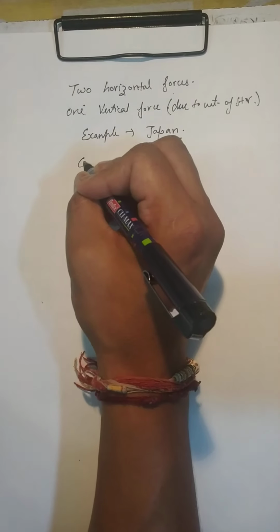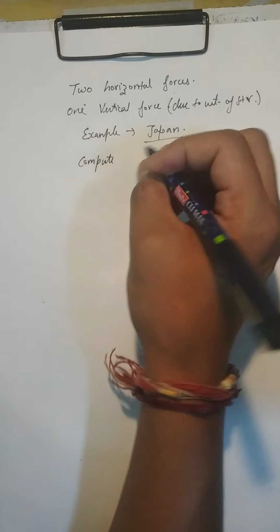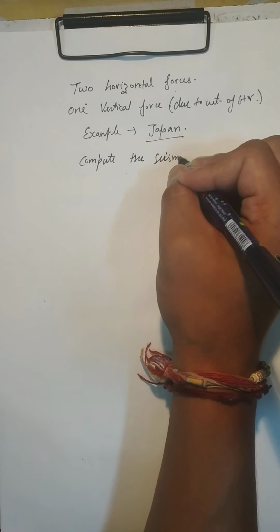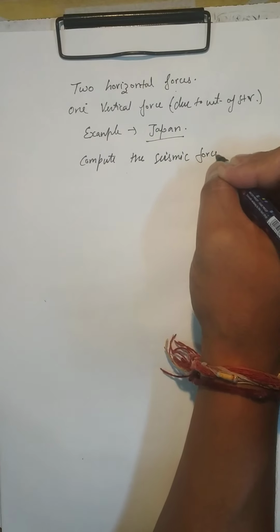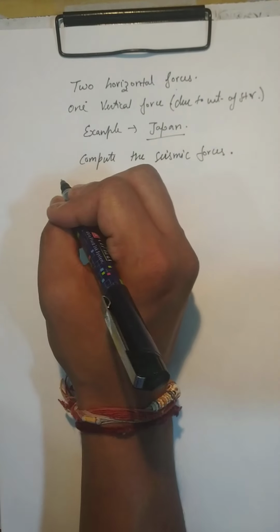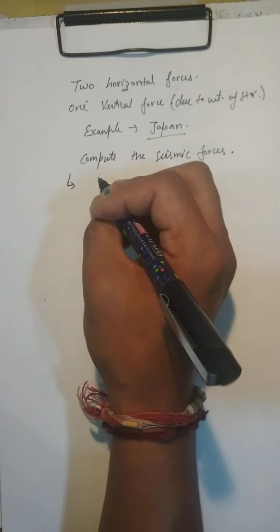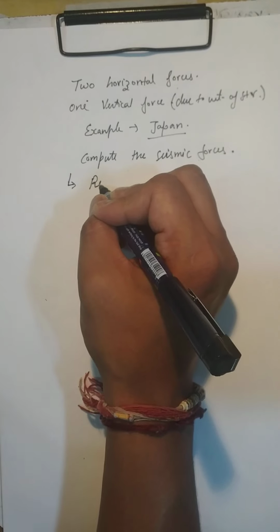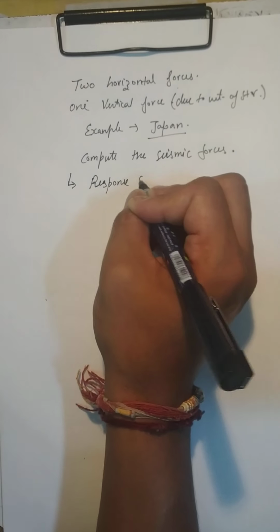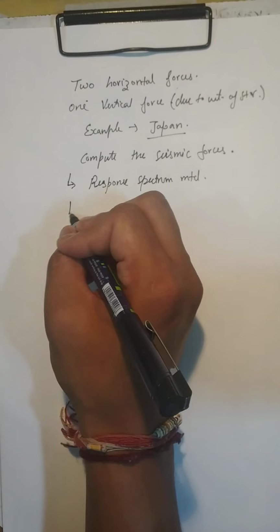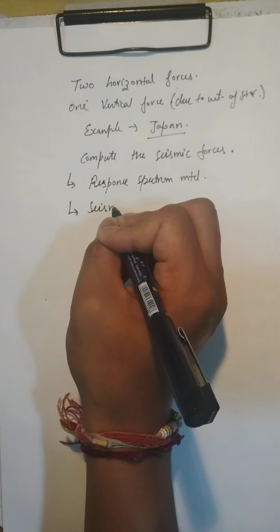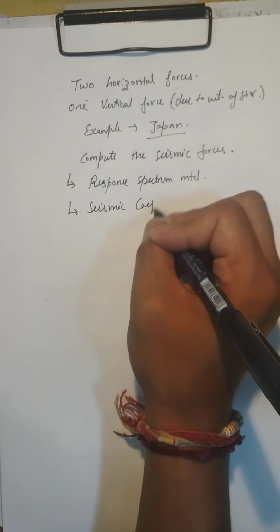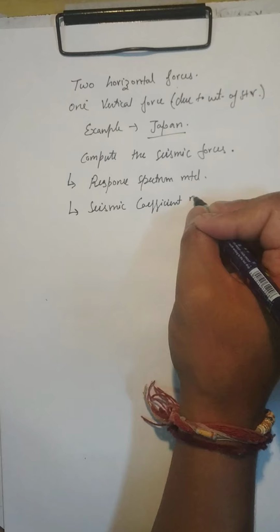And how can we compute these seismic forces, seismic or earthquake forces which are acting on the structures? It can be done by two methods. One is response spectrum method. Another one is seismic coefficient method.